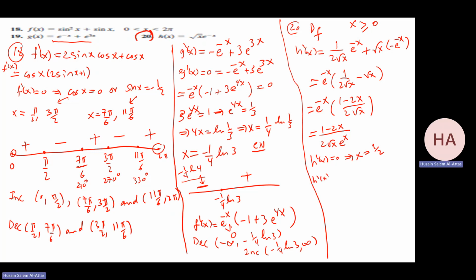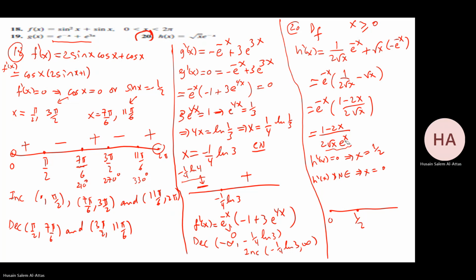H prime does not exist at x equals 0. Actually, the domain is starting from 0. So this is 0, this is half, up to infinity. This is what I'm looking for. 0 to half, we'll take a value 1 over 4, for example. By the way, all of this is positive, or non-negative, let me say.